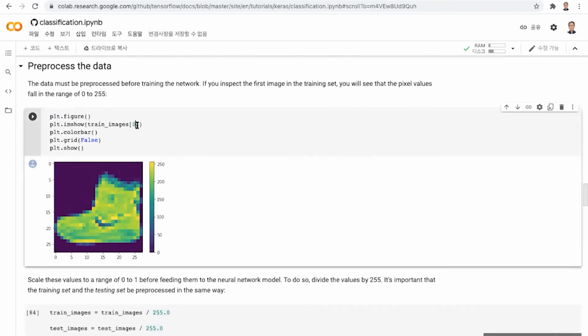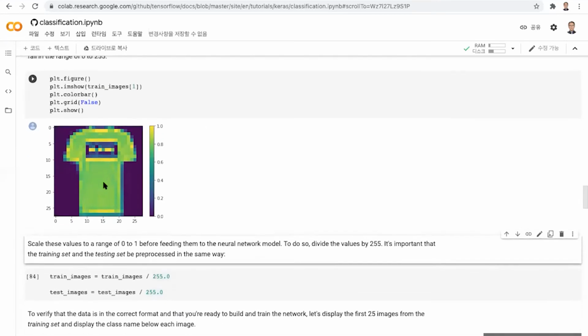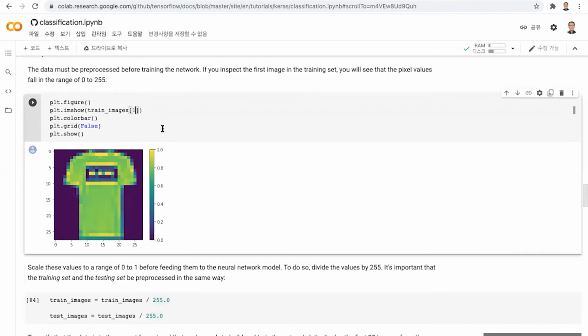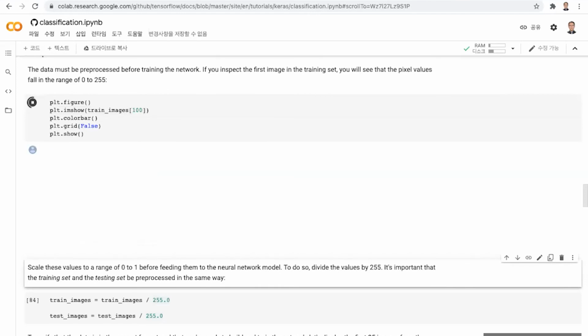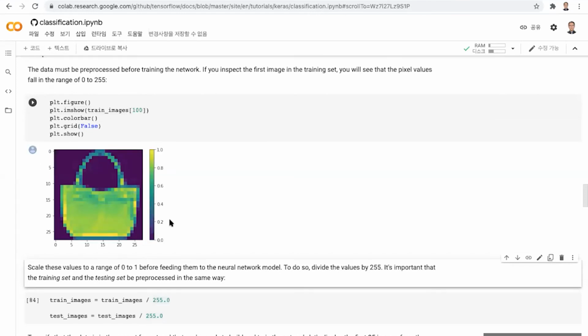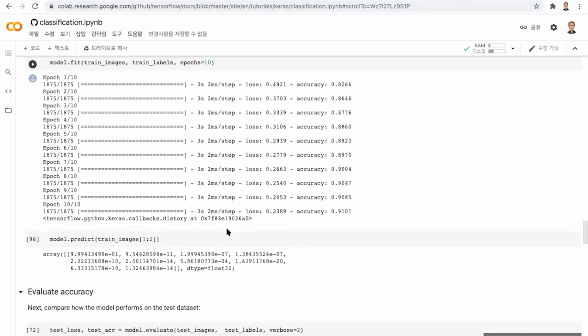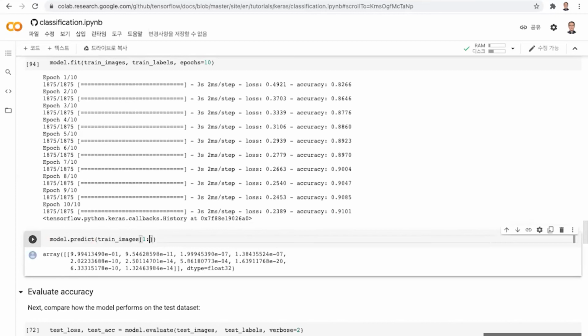So instead of doing this one, I'm going to see the first one. Yeah, it looks like a t-shirt. So maybe I'm going to take some random image, the index 100 image, which I think is a bag. So let's go down, so 100 and 101.